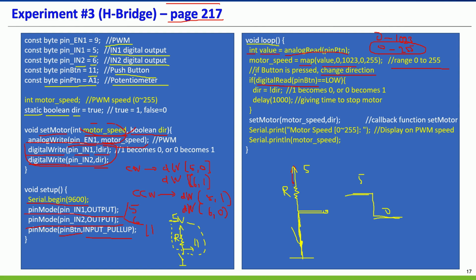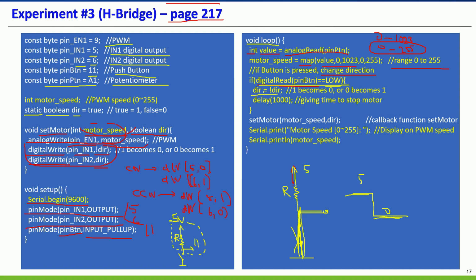So the code is when the switch is pressed, the connection becomes 0 and the state becomes low. So if the switch is pressed, meaning the state is low, change direction.